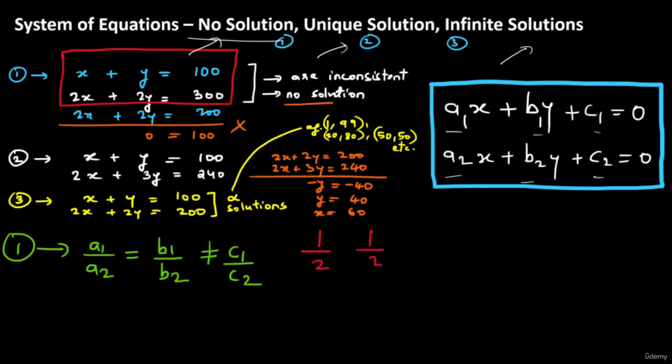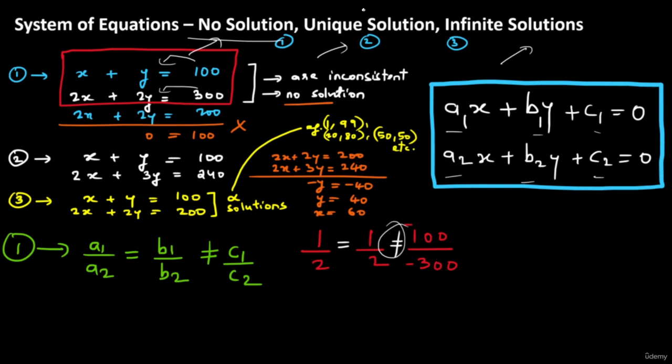So it's 1 by 2, 1 by 2 and minus 100 by minus 300 if you're taking it to this side as per this part, right? So that would be minus 100 and minus 300. This is 1 by 2, this is 1 by 2 and this will be 1 by 3. So the criteria over here is a1 by a2 is equal to b1 by b2, but it is not equal to c1 by c2. Therefore, there will be no solution for this equation.